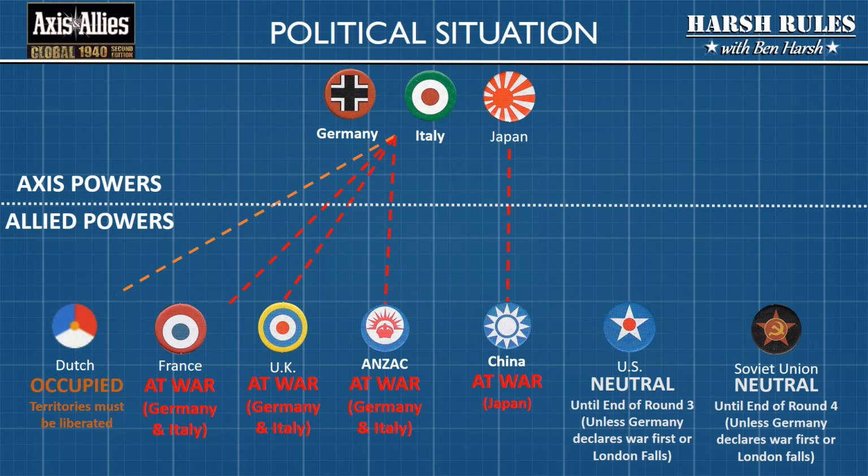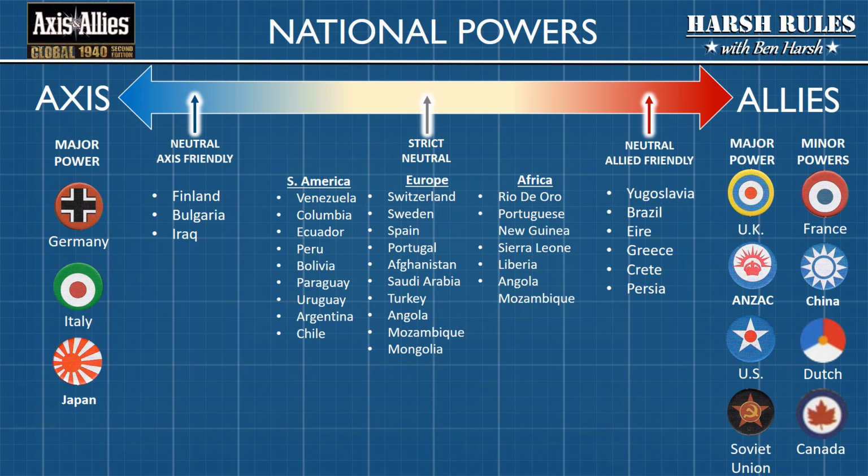Now that we have reviewed all the major powers' current position on the war, let's review the smaller neutral powers' stance on the conflict. Neutral powers are much more sophisticated in the 1940 series than in previous Axis and Allies games. In the Europe version of the game, neutral powers are divided into 3 types. Strict neutrals are the most numerous.